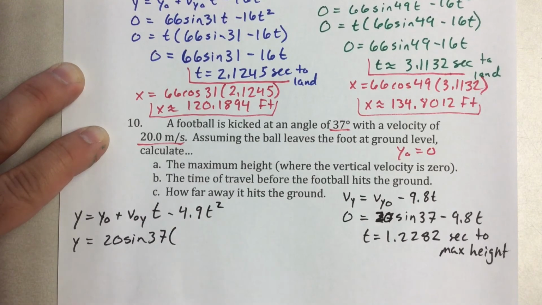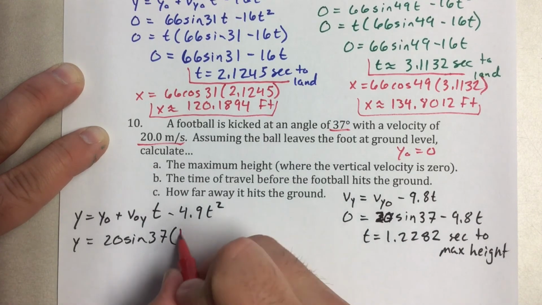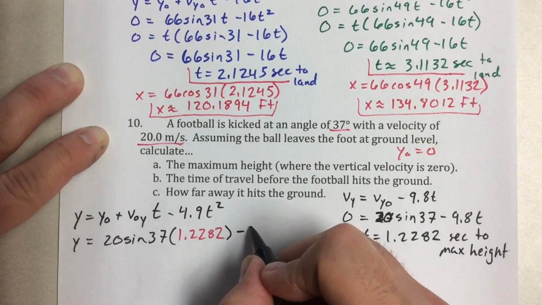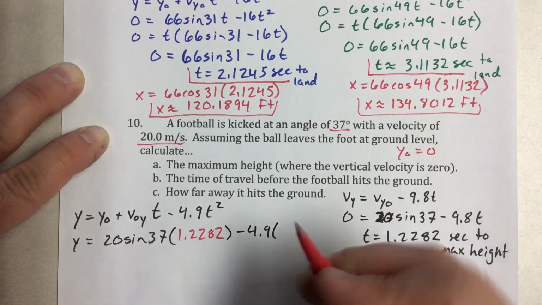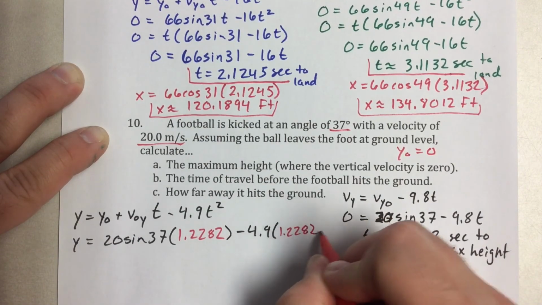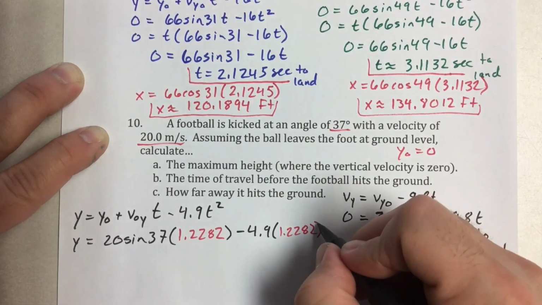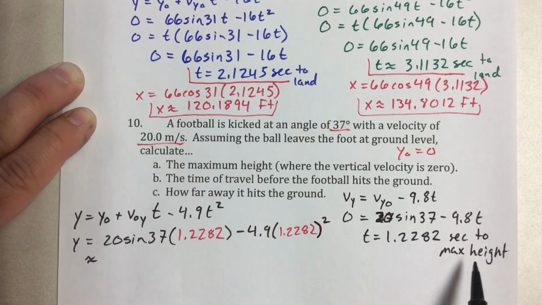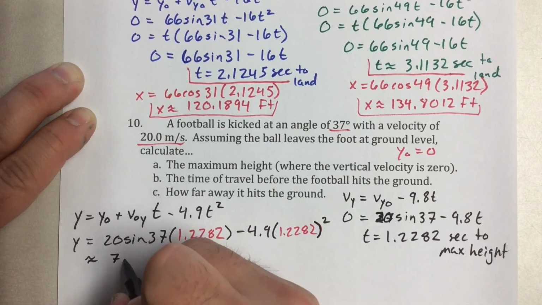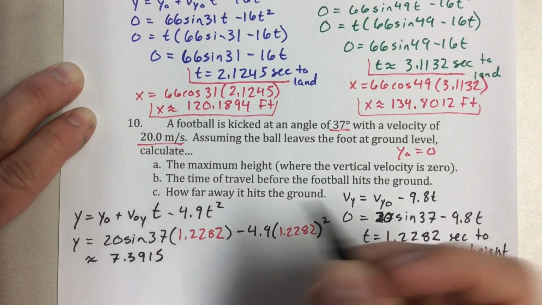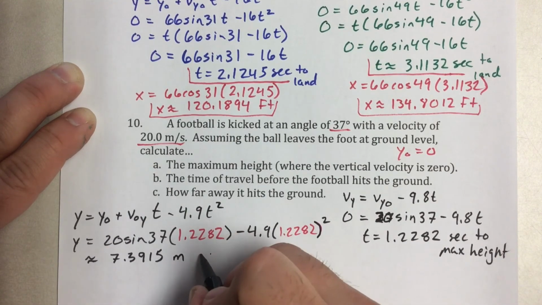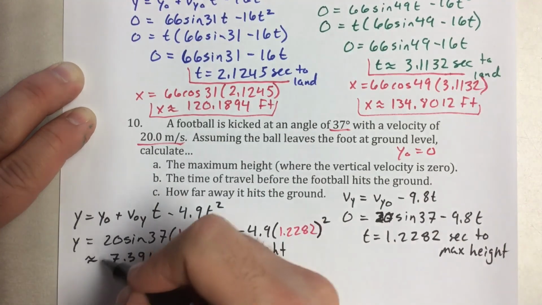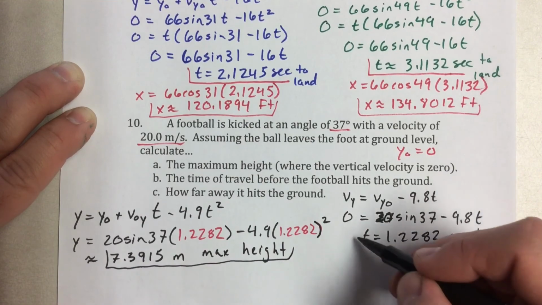Our time is 1.2282, minus 4.9 times 1.2282 squared. We square that, and you get approximately a height at the max of 7.3915 meters for the max height. Okay, so box that in, box this in over here too.